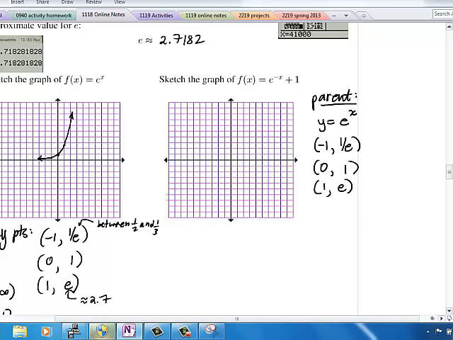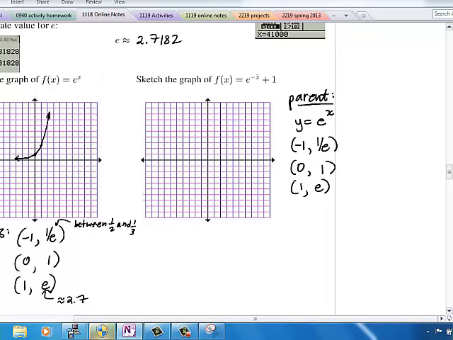The transformations this time: I'm multiplying the x by -1, so reflect across the y-axis, change the x's, and then go up 1. So, reflecting across the y-axis, make my x opposite.